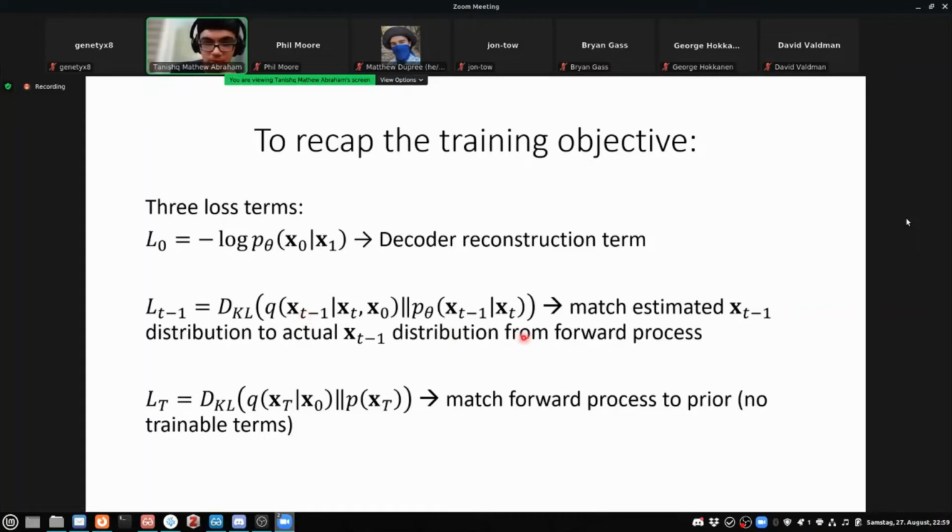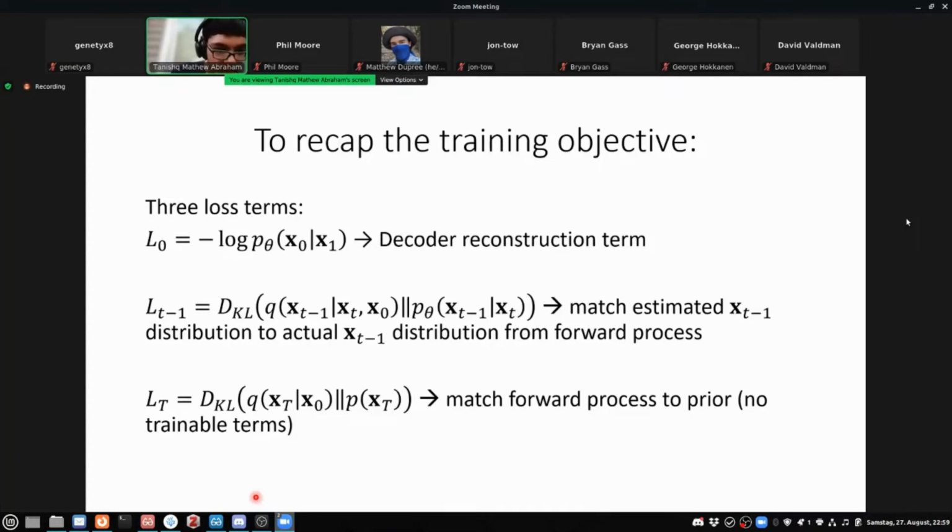We know the forward process, since it's predefined. Then we have this model that we're learning, and we match it to what we're observing at a particular time step.